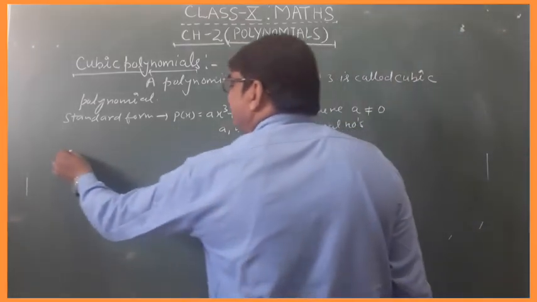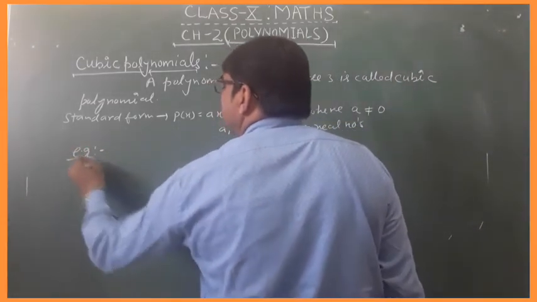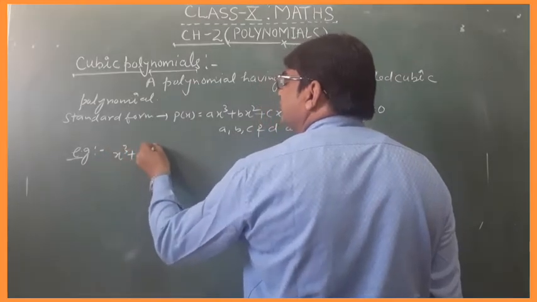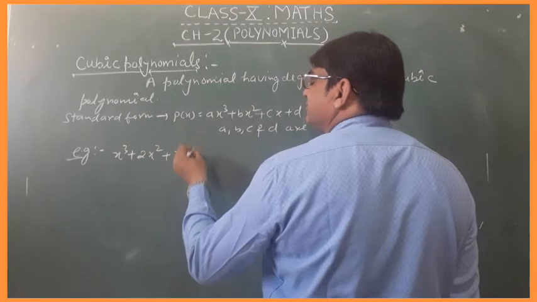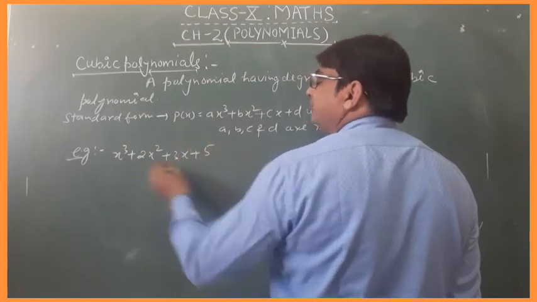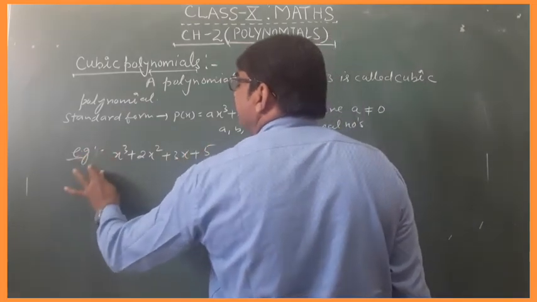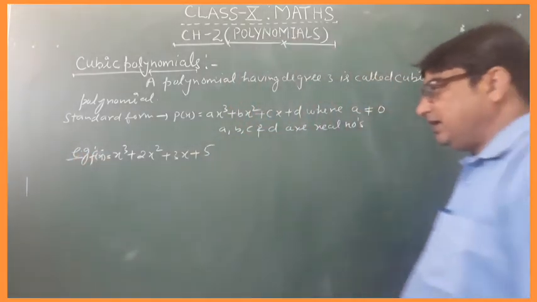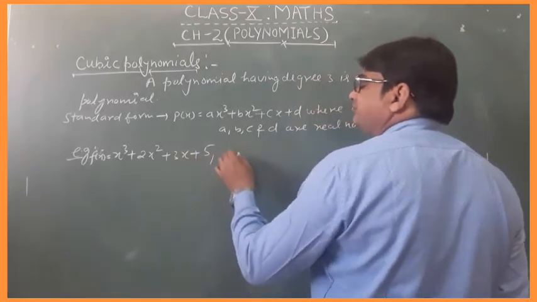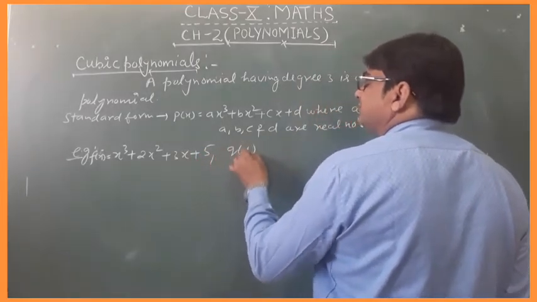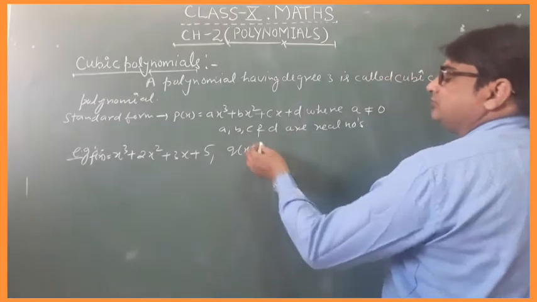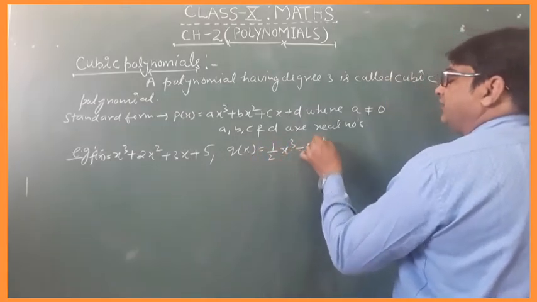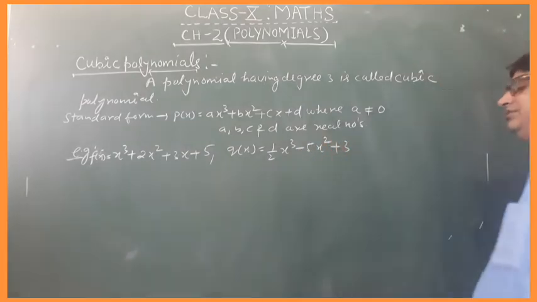You can take different types of examples like x cube plus 2x square plus 3x plus 5. Suppose this is f(x) is equal to this. And take another example: q(x) is equal to half x cube minus 5x square plus 3.